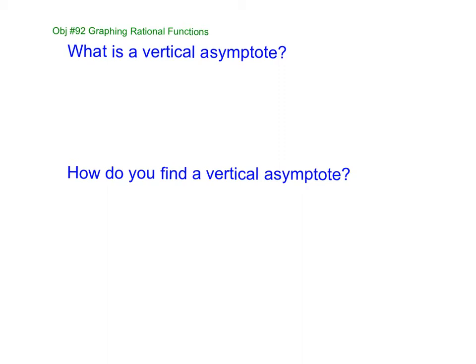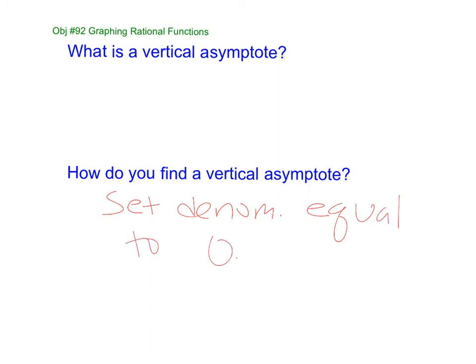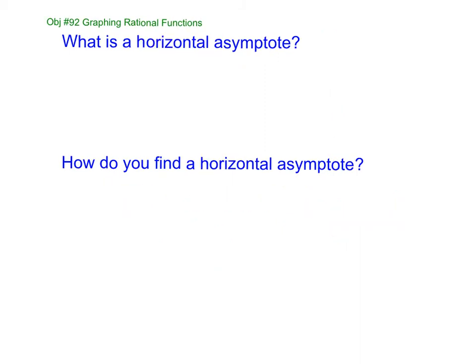All right, a vertical asymptote. Let's just write down how to find it. We set the denominator equal to 0. A vertical asymptote, right, is a vertical line that the graph does not typically cross. It can, but it's rare. And then the horizontal is the end behavior, right? What does the function equal?